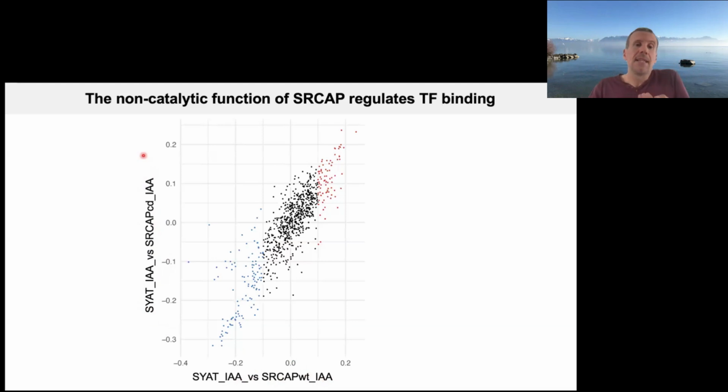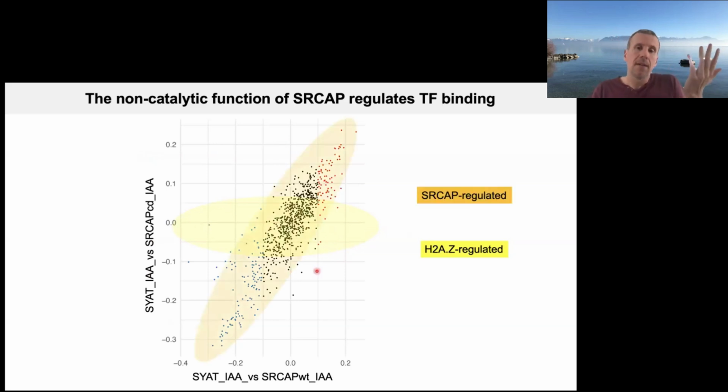So this means that if H2A.Z was the main regulator of this change in transcription factor binding, you should see most dots aligned on this horizontal line, because this is where H2A.Z levels change, only on the horizontal axis. But in fact, as you can see, most dots align on this diagonal, and this corresponds to the SRCAP regulated footprints, because in both axes, SRCAP is changing.